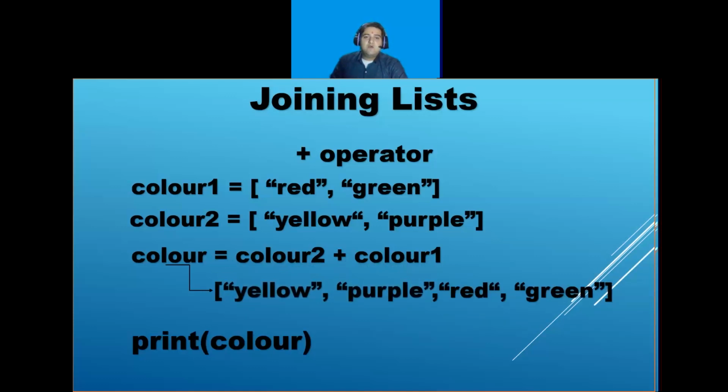So this is how we join two lists, or we can join several lists. If I have three lists, for example color 1, color 2, color 3, I just have to write color 1 plus color 2 plus color 3 and store them in a new variable to print.